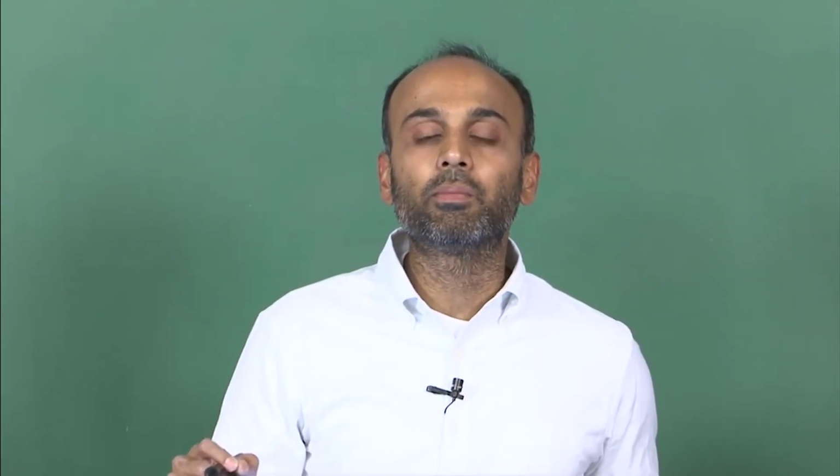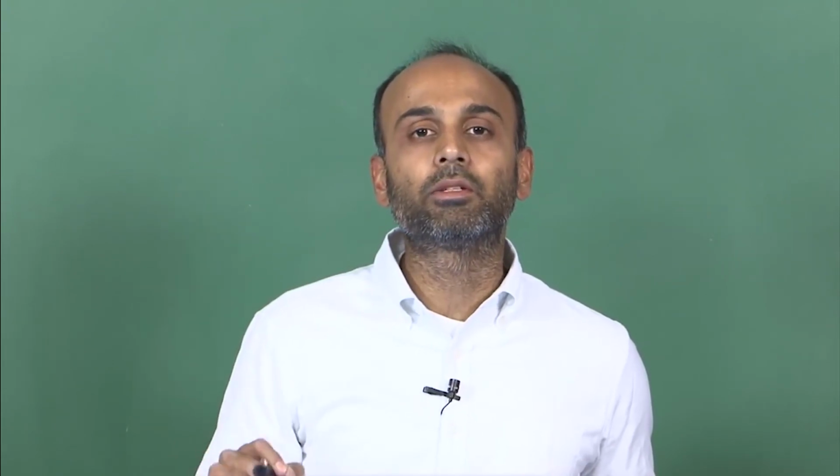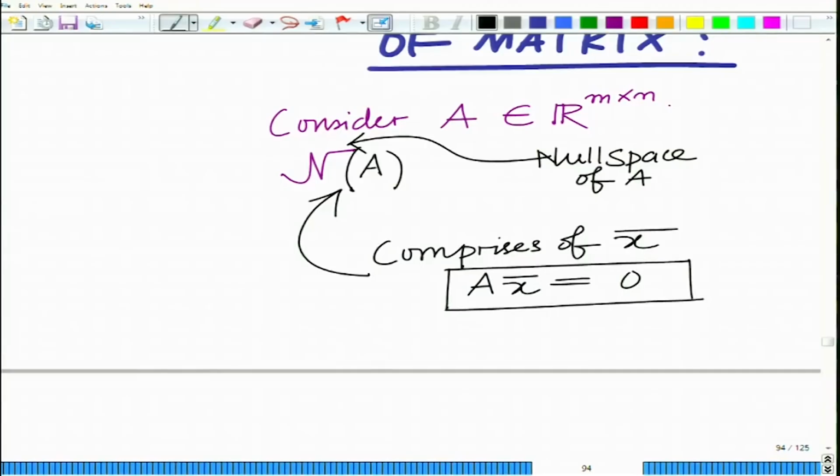Alright. In fact, that space of all vectors x bar is called the null space of the matrix A. In fact, this is a vector space.